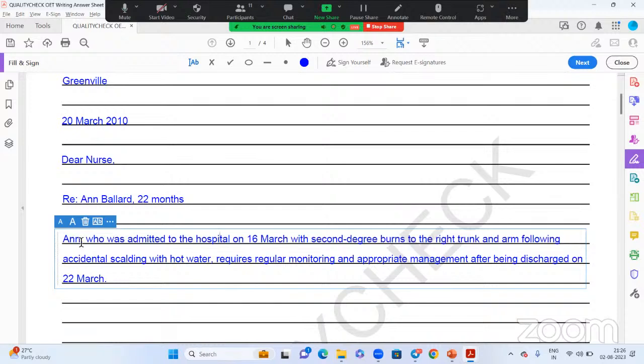Or Miss Anne, who was diagnosed with second-degree burns to the right trunk and arm following accidental scalding with hot water, has been recuperating.